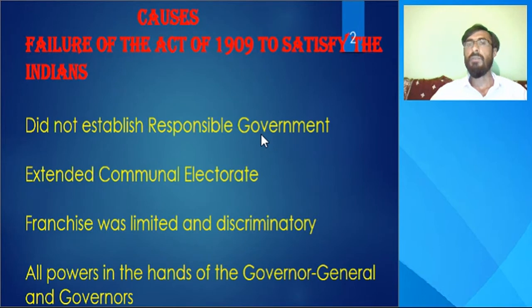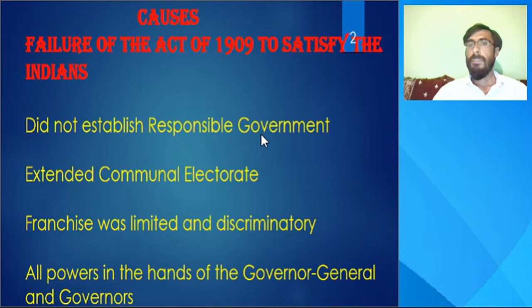The first cause of this act was the failure of the Act of 1909 to satisfy the Indians. The Act of 1909 failed to satisfy even the moderate sections of the Congress. Under this act, the government did not establish even a semblance of responsible government. Communal electorate was extended. Separate representation was given to Muslims.